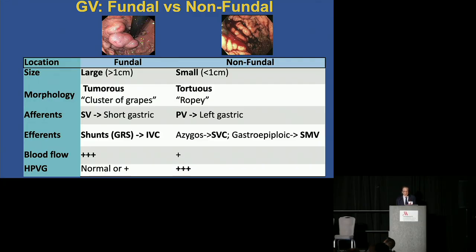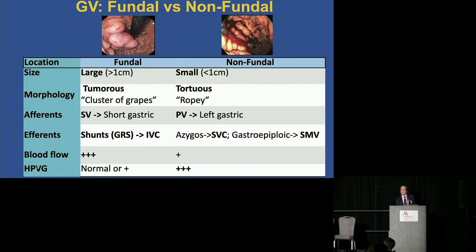Importantly, the efferents, the fundal varices drain by shunts. These are gastrorenal shunts into the IVC. The non-fundal varices, they drain through really physiologic venous pathways into the superior vena cava or the superior mesenteric vein.